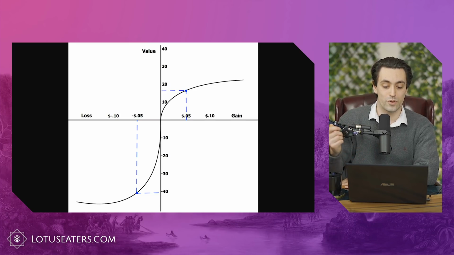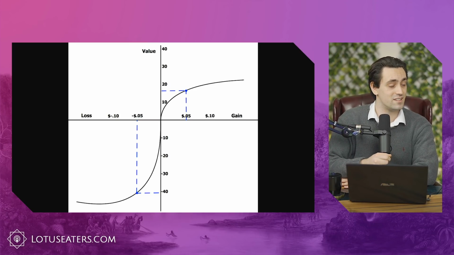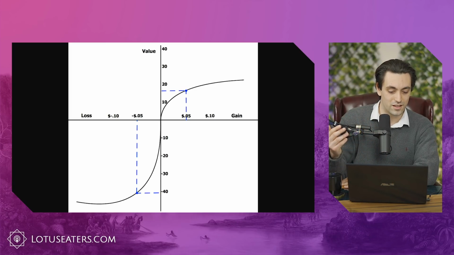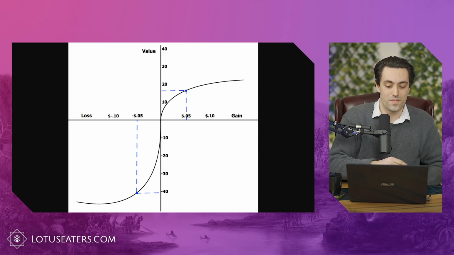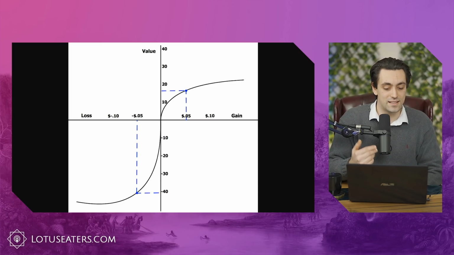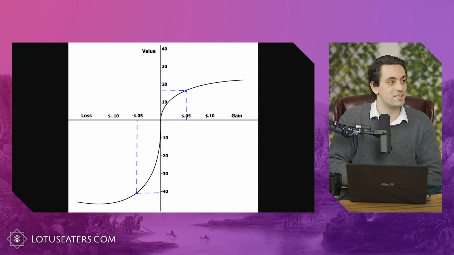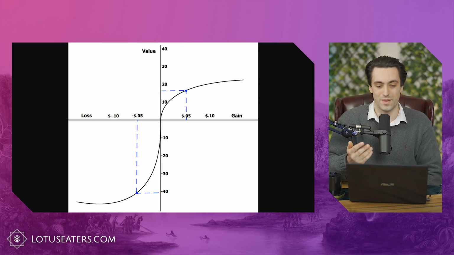So losses are twice as psychologically impactful as the equivalent gains. You can look at this in the context of something known as the endowment effect, where people place a higher value on a good that they own than an identical good that they do not own. So things that people have are more valuable to them than things they don't if they are equivalent or the same, if that makes any sense.